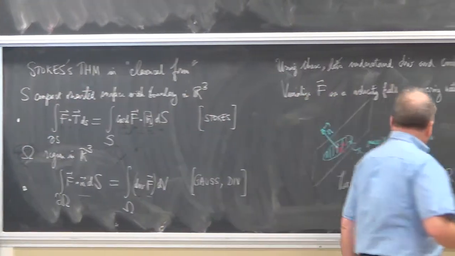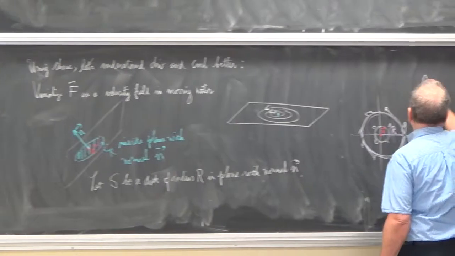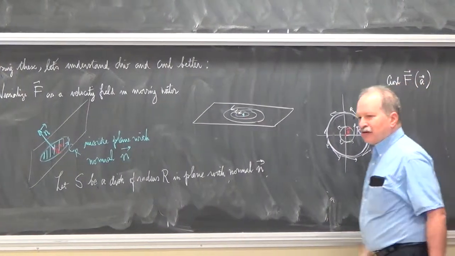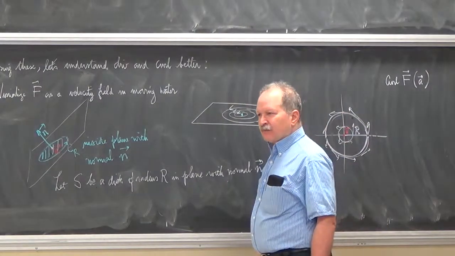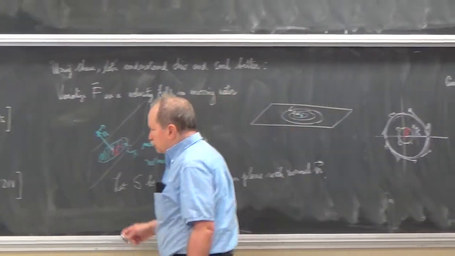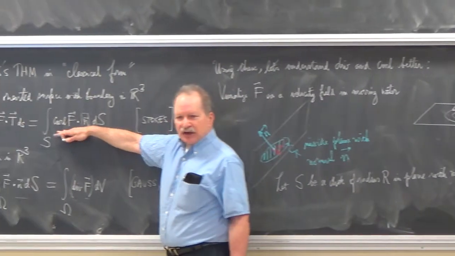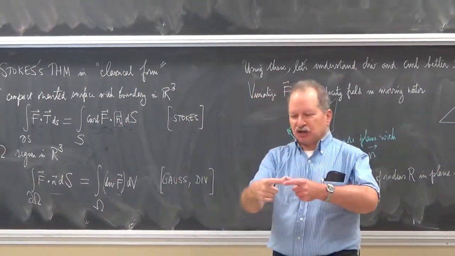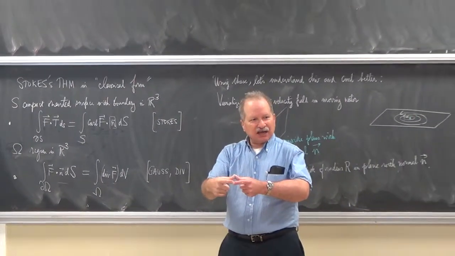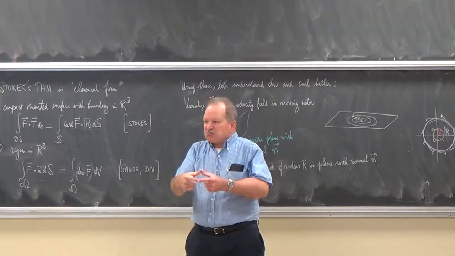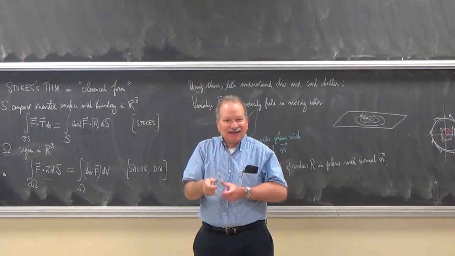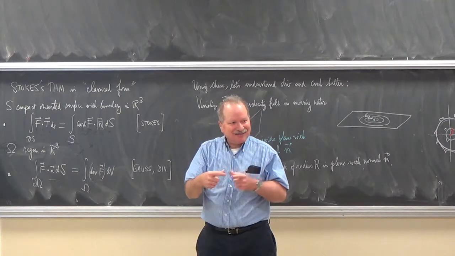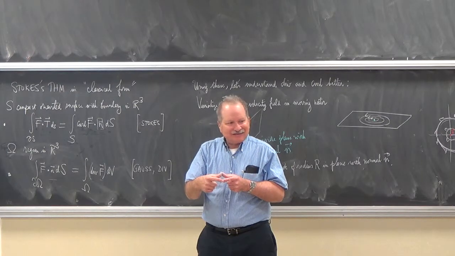Well, suppose I wanted to actually get curl of F at the point A. What do I want to think about doing? I'm thinking about doing an integral of a function over a disk centered at A. Did you do a homework problem, say the first week of the semester, that might have come up in yesterday's homework? You take the average, or you do the integral and divide by the area.